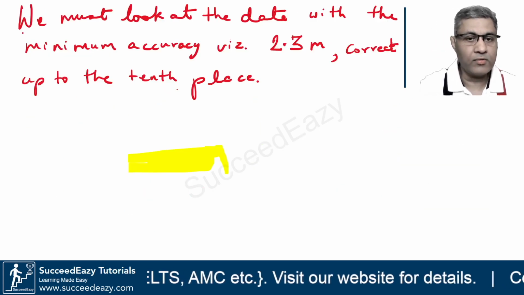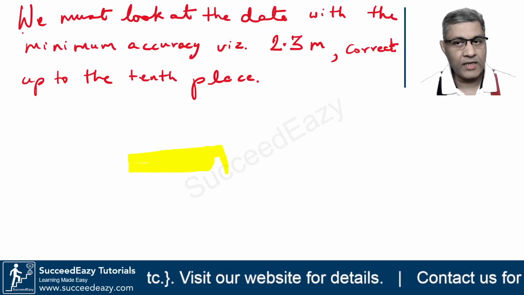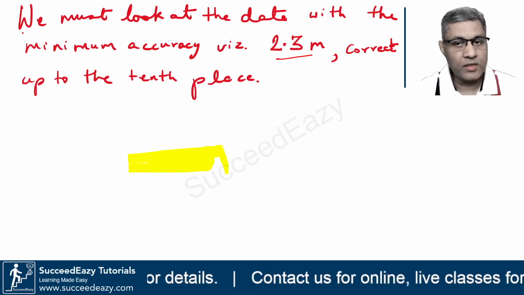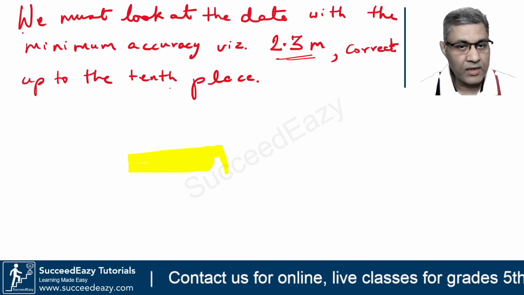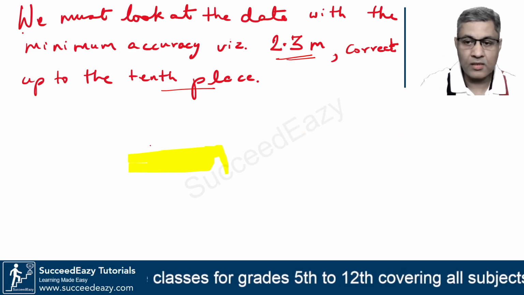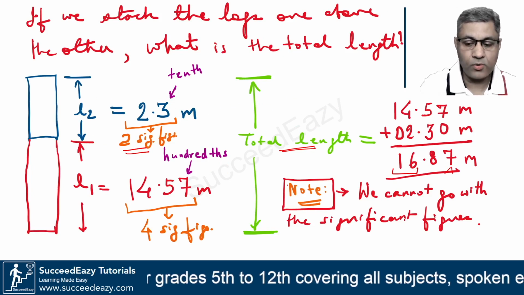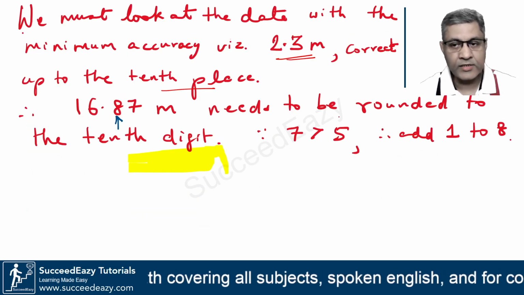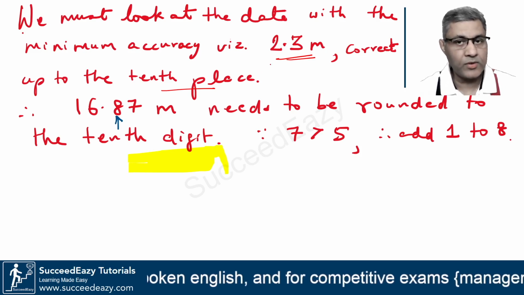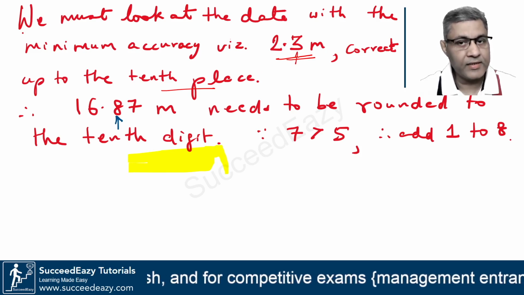So the way to go about this is that we must look at the data with the minimum accuracy, 2.3 meters, which is correct up to the 10th place. Therefore, the total that we got, 16.87 meters, needs to be rounded to the 10th digit, because the minimum accuracy was up to the 10th digit, isn't it?